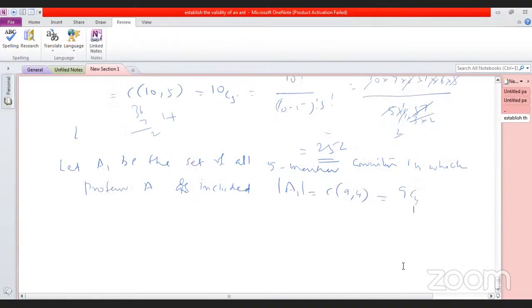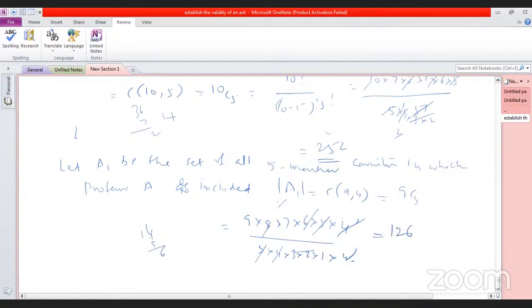It is 9, 8, 7, 6, 5 factorial over 9 minus 4, that is 5 factorial, into 4 factorial. The 5 factorial gets cancelled, and simplifying, we get 126.